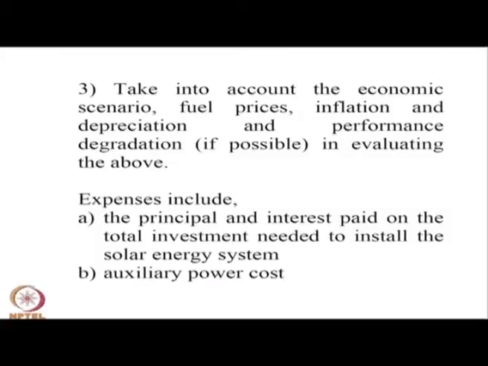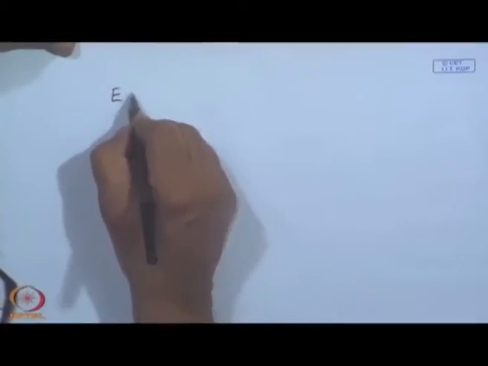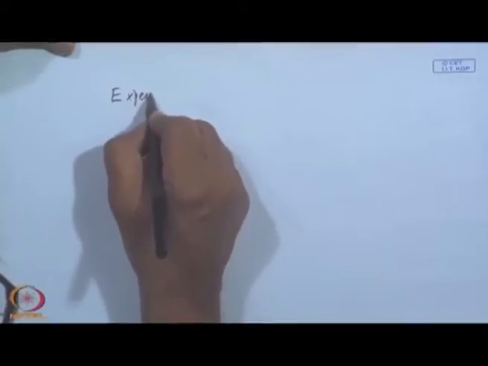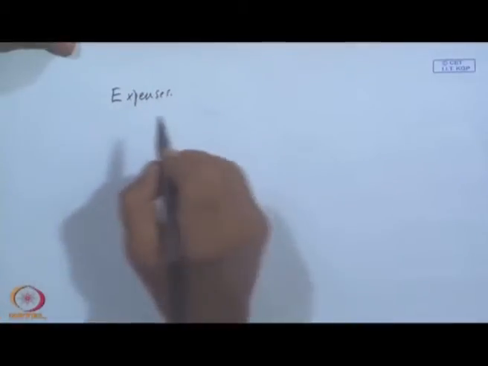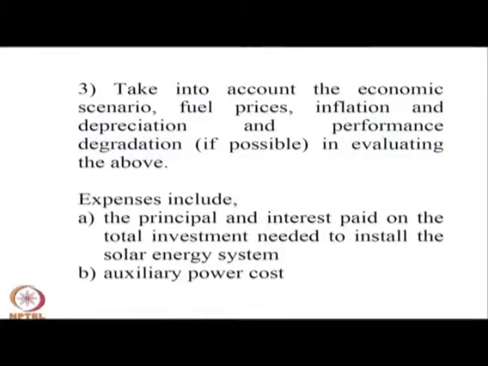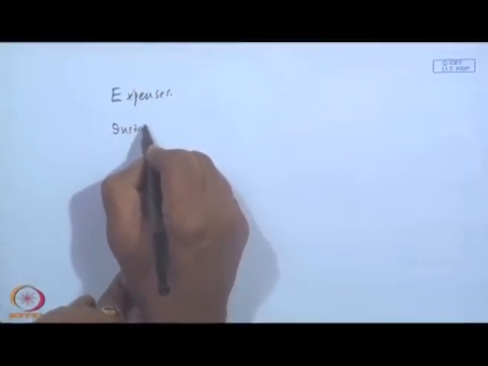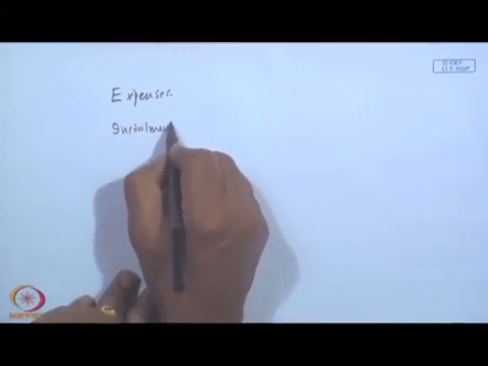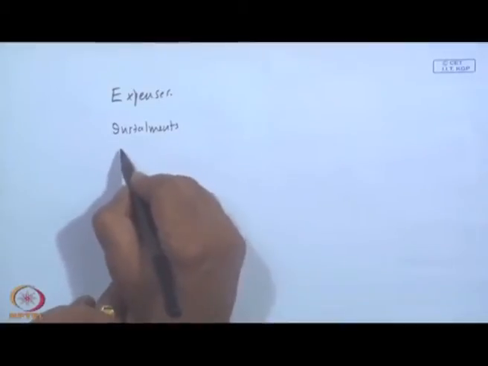Similarly, when you have installed the solar energy system, there will be certain expenses, which may involve the principal and interest paid on the total investment needed to install the solar energy system, and the auxiliary power cost. So, let us say installments and the auxiliary power.